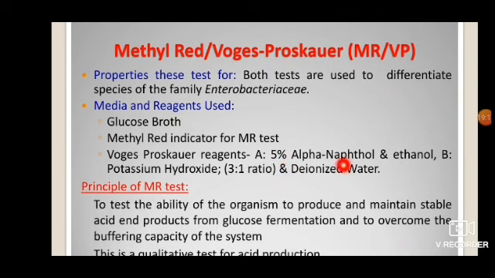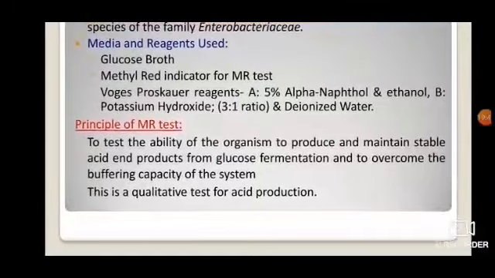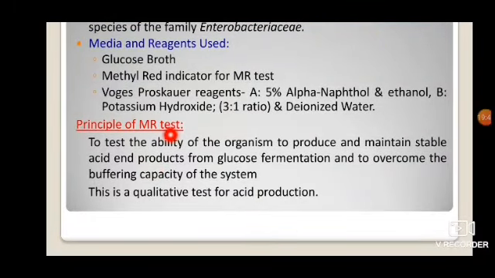Reagent A is 5% alpha-naphthol in ethanol, and reagent B is potassium hydroxide, in a 3:1 ratio, and lastly deionized water. Both the methods are different: first is methyl red, and second is Voges-Proskauer. Both methods are used for identification. So now the principle behind the methyl red indicator.